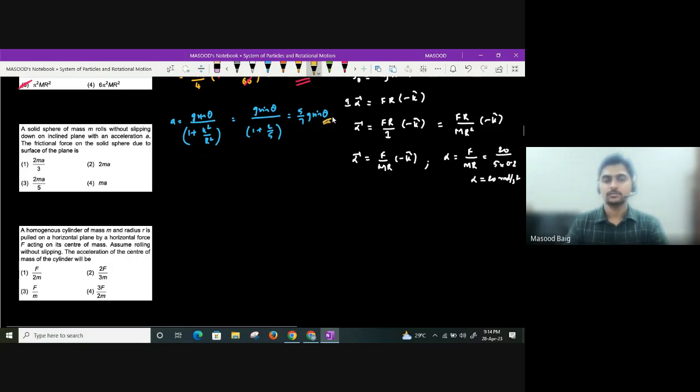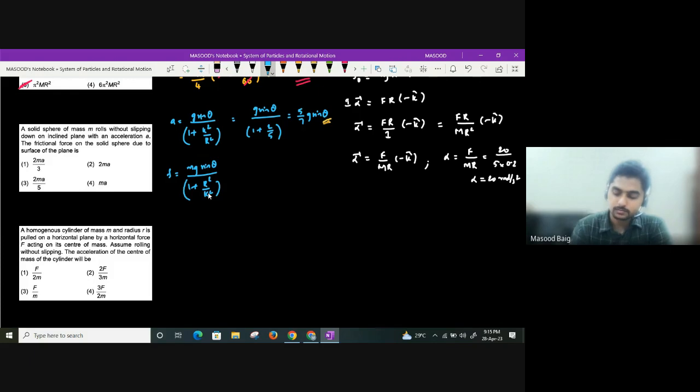Acceleration is given. They're asking what is the frictional force acting, guys. Just now I have told you what is frictional force acting. It is given as mg sine theta divided by 1 plus r square by k square, beta. Yes or no? So what we can write here? mg sine theta, and what will r square by k square value be?